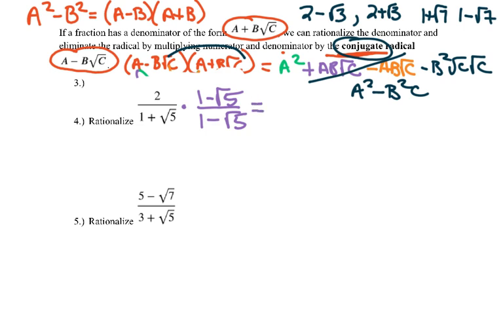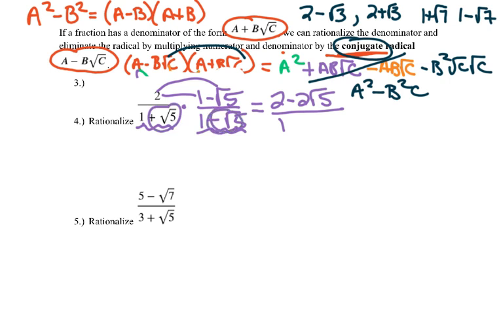Well, our numerator is nice and easy. 2 times 1 is 2, and 2 times negative radical 5 is minus 2 radical 5. For our denominator, since these are conjugates, we know our outers and inners will cancel, so we only have to multiply our first terms, which are 1 times 1, which is 1, and our last terms, plus root 5 and minus root 5, and that'll give us minus the square root of 25 or minus 5.